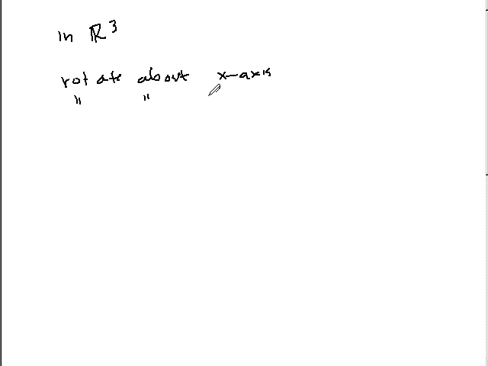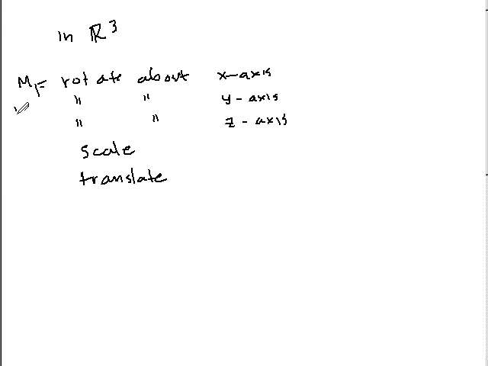You can then rotate about the y-axis. You can then rotate about the z-axis. And then you can scale. And then you can translate. So you actually have 5 matrices here that you have to worry about.